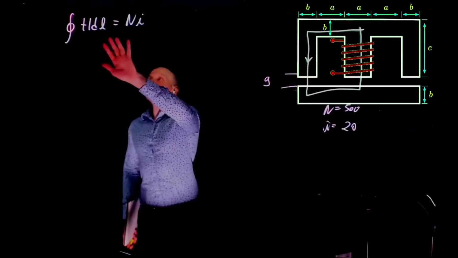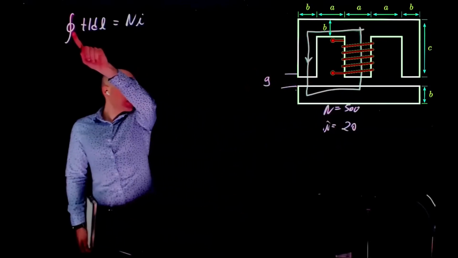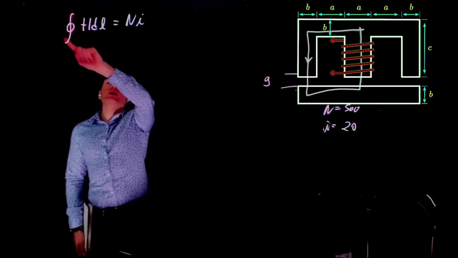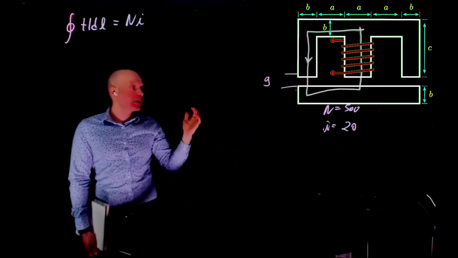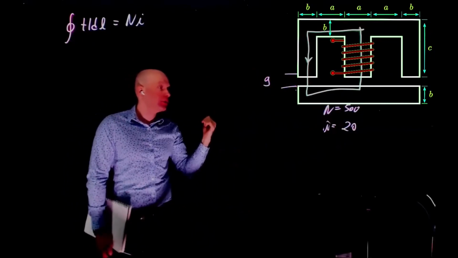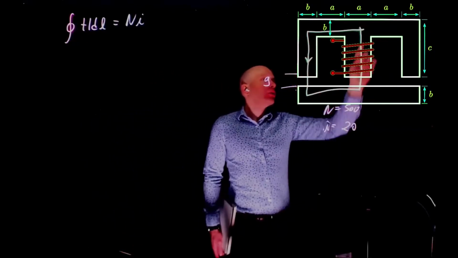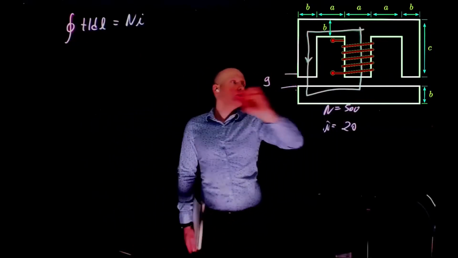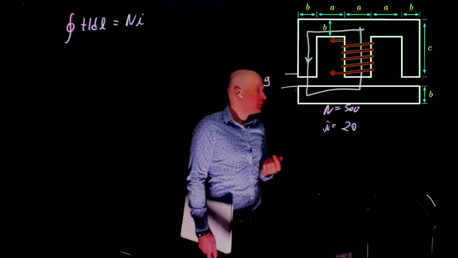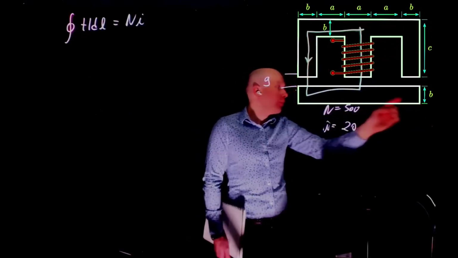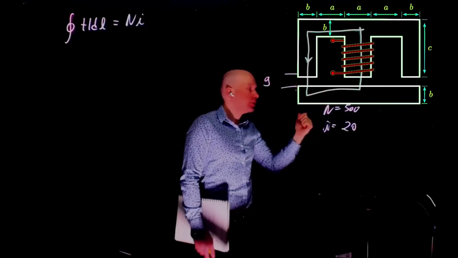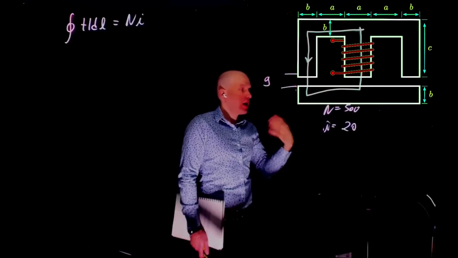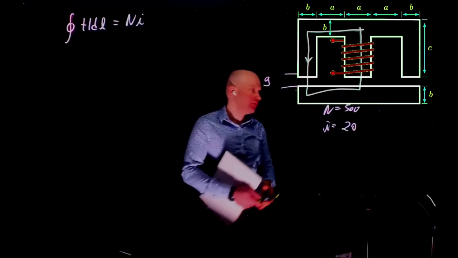So this expression tells us everything. We need the integral over a closed path to equal Ni, the net current going in or out. Here, what would be Ni? It would be the number of turns times the current. But if you take this loop, then you have a coil where the current goes in and out at the same time, and then this should be 0.